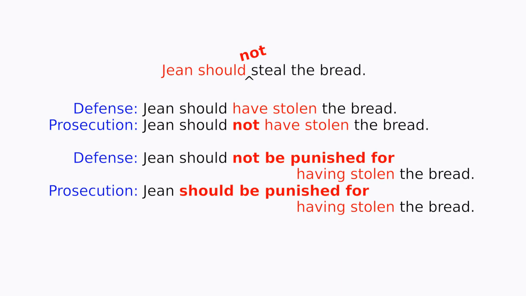Now, I've told our students that they are welcome to state their theses in either of these two forms, the straight past subjunctive form or the form that invokes the word punished.